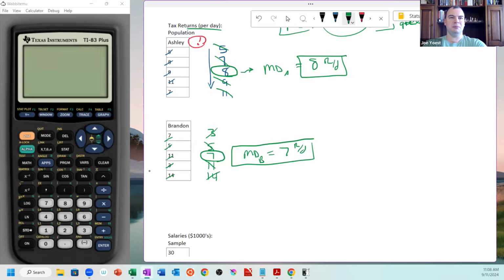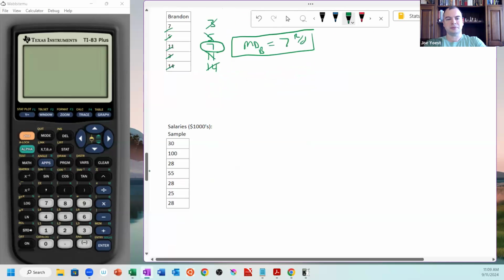Ashley and Brandon had the same mean number of returns per day. One way to answer the question, what does their typical day look like, was 8 for both of them. A different way to answer the question that seems pretty similar gives the same answer for Ashley, but a slightly different answer for Brandon. So 8 versus 7 returns per day for their medians.